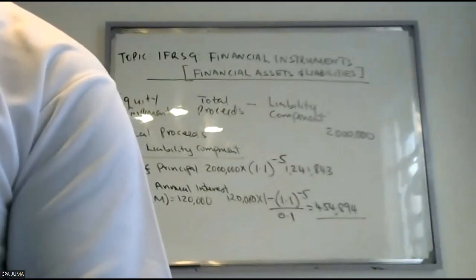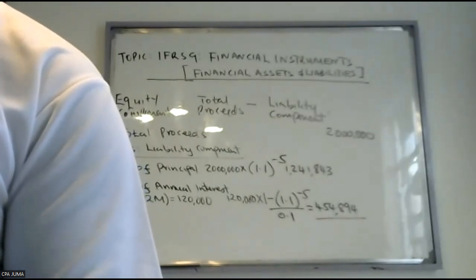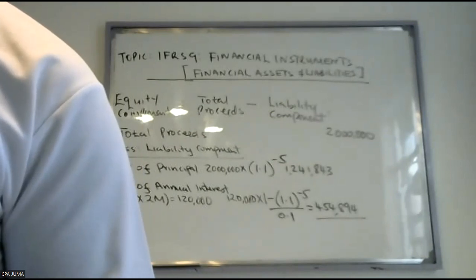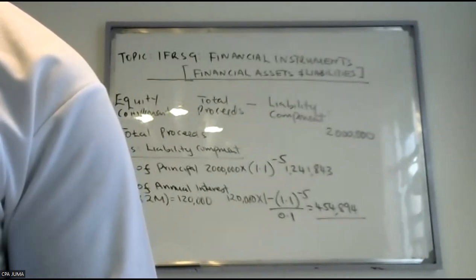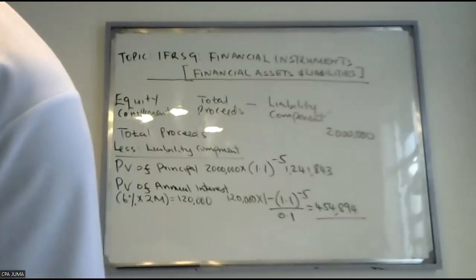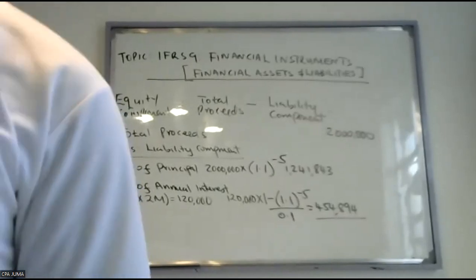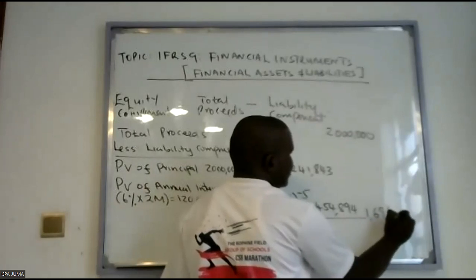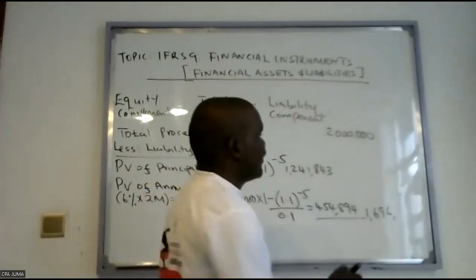What do you get in total? 1.2 plus that, it should be 1.6 something. 1696.737.